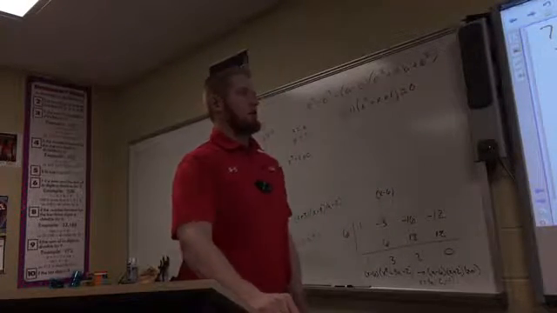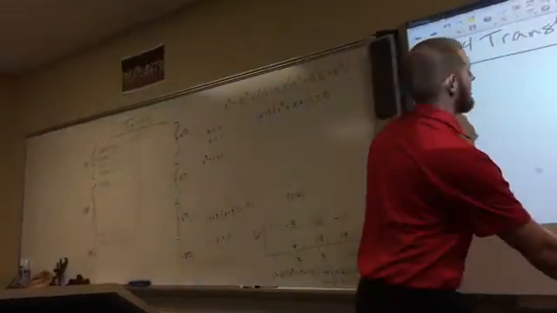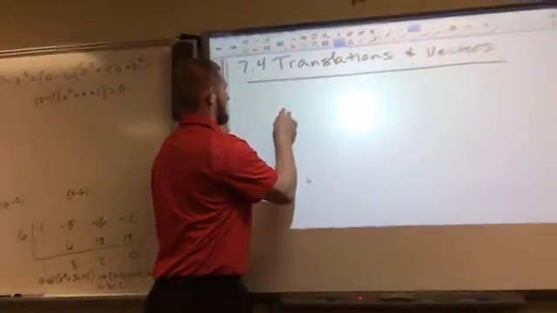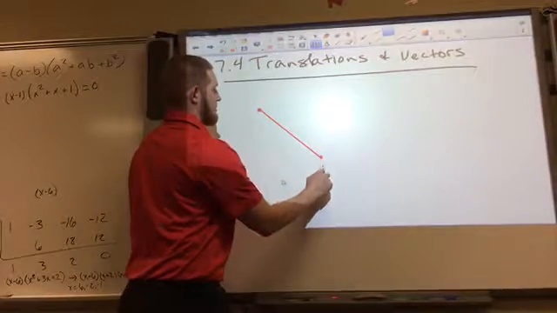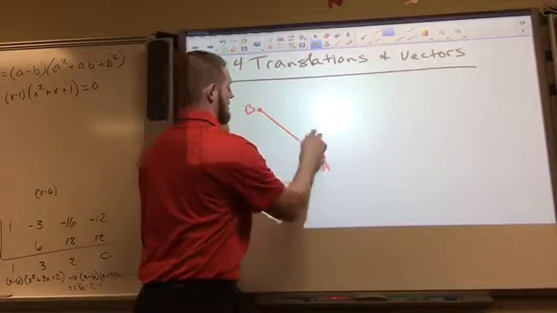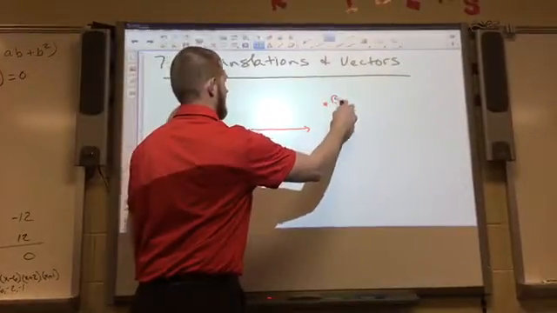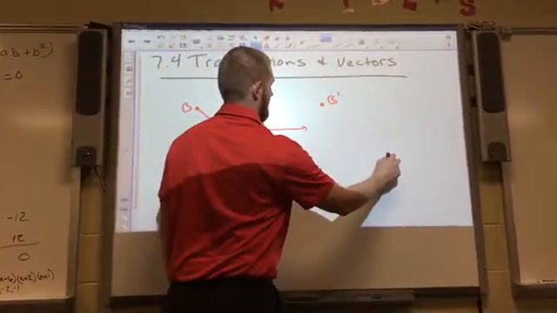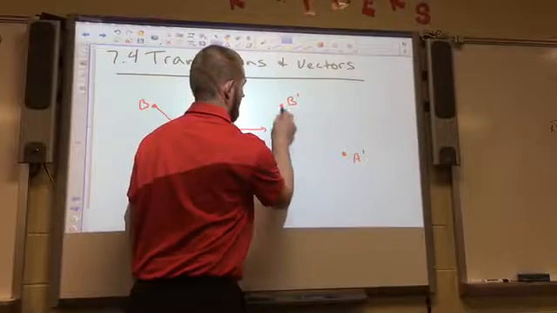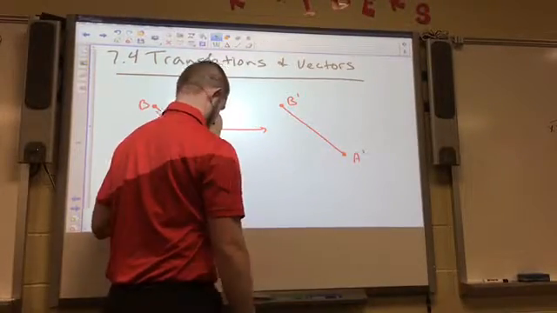Now, with translations, we've already kind of talked about it, so I'm not going to go real in depth. If this is AB and I shift it that way, I now have A prime, B prime. That would be a translation, correct?